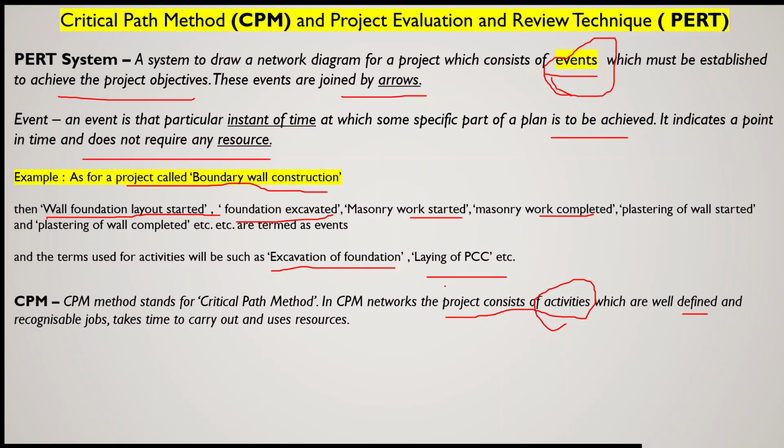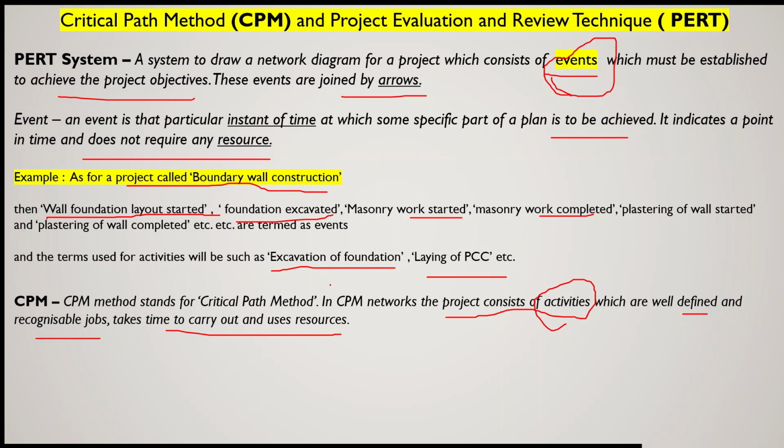And these are recognizable jobs that take time to carry out and use resources. Now laying of PCC or excavation of foundation will take some time. That means how many days or hours or weeks you have to take to complete the excavation of foundation, and what are the various types of resources. Resources may be manpower, labor, material, etc.